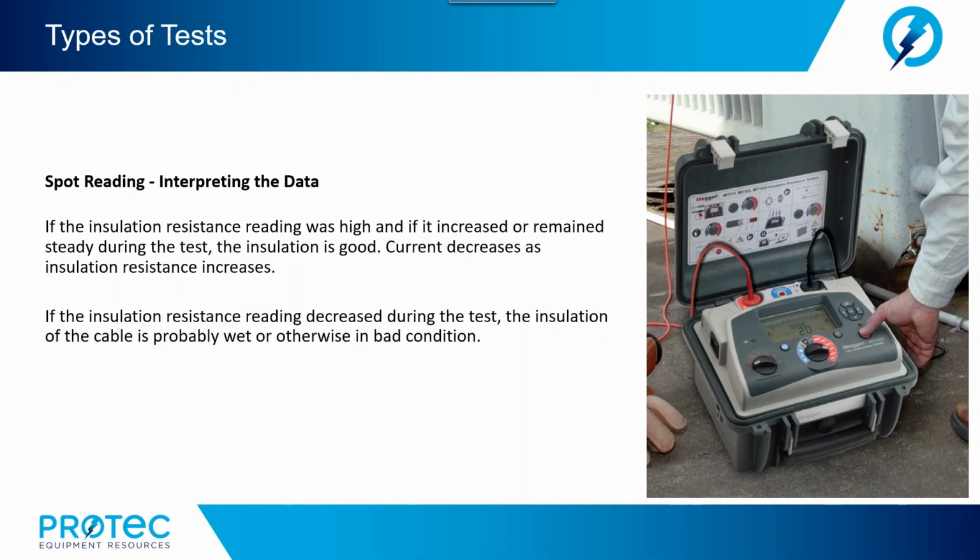If the insulation resistance reading decreases during the test, the insulation of the cable or device under test is probably wet or otherwise in a bad or dubious condition. If the final value is low or the current that we're measuring remains high, the insulation of the cable, or insulation of the device under test, is in poor condition.